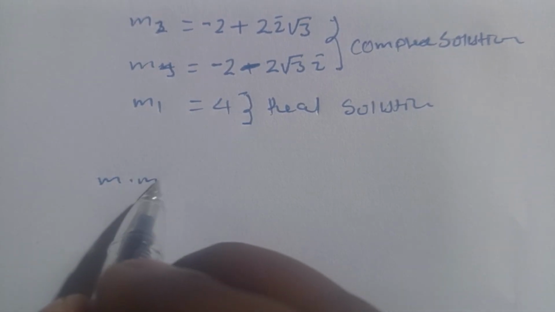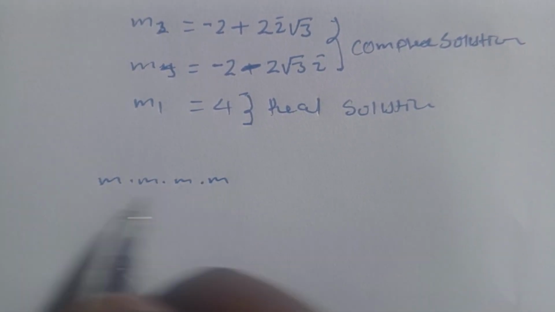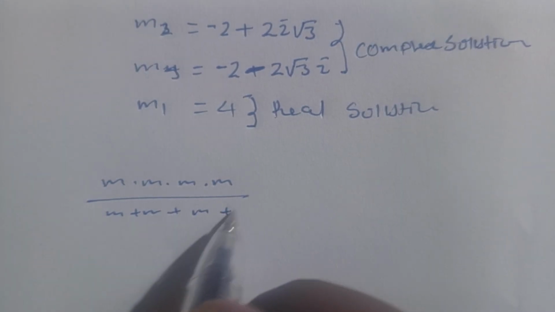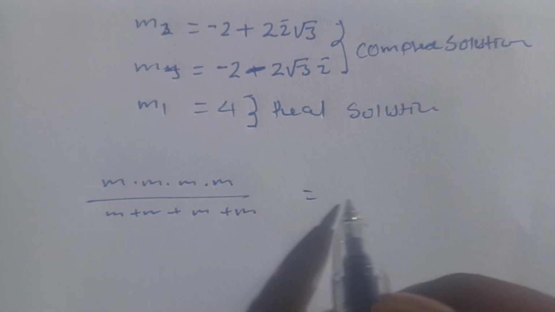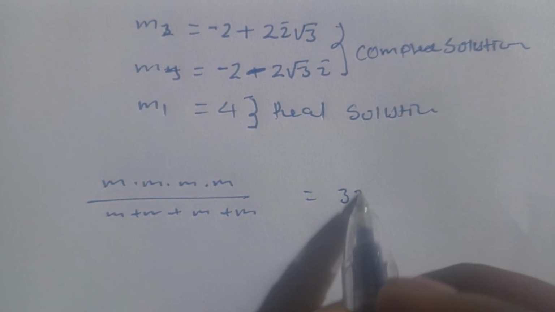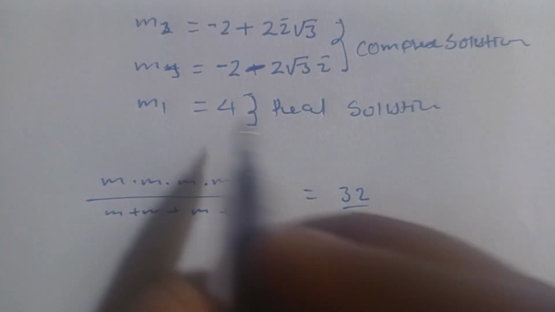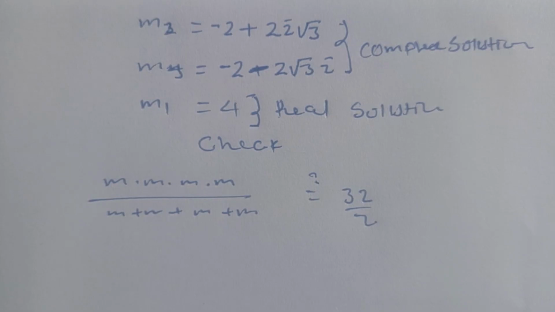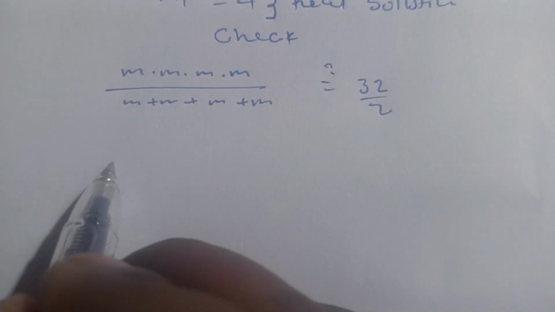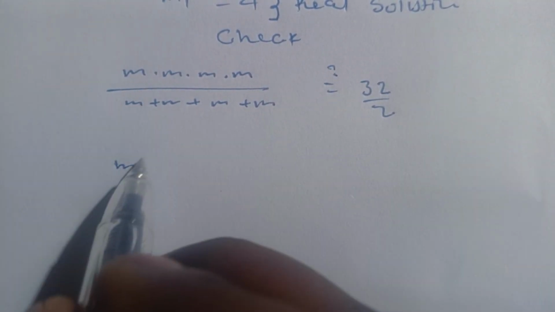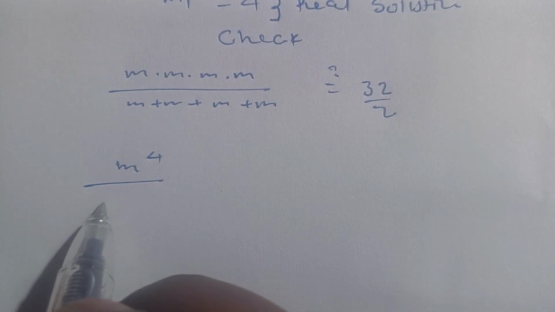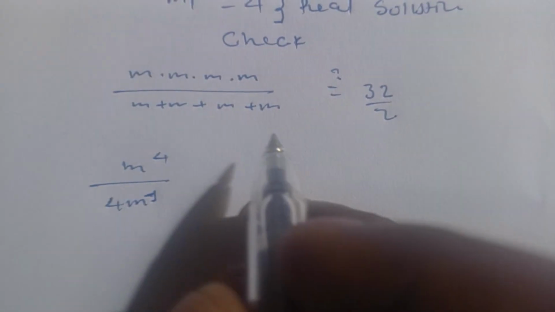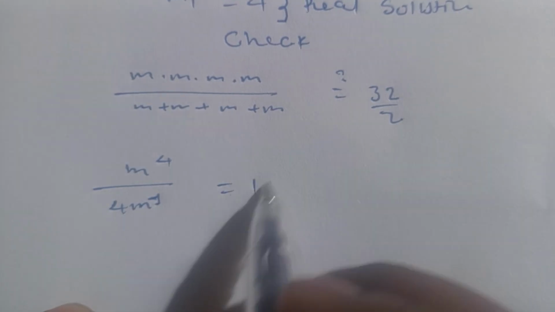M times M times M times M over M plus M plus M plus M equals 32 over 2. Check it. This means M raised to 4 over 4M raised to 1 equals 16.